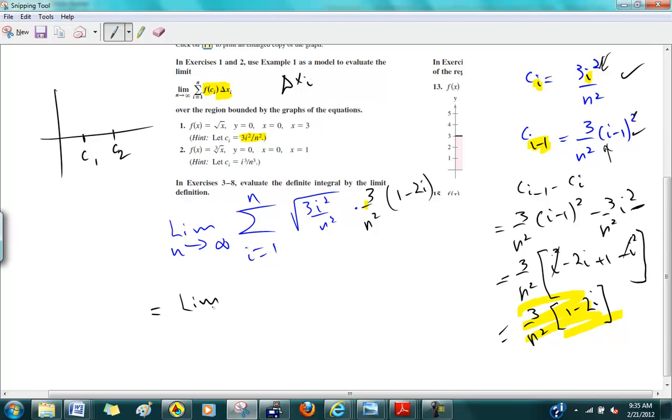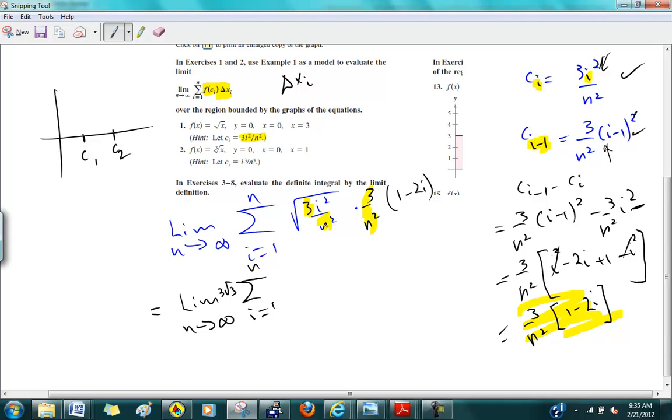So you go limit, n goes to infinity, sigma i equals 1 to n. Now I'm going to take things that don't depend on i outside the sigma sign. Notice that this doesn't depend on i, and this doesn't depend on i either. From here, I'm going to get a square root of 3, so I'm going to get 3 root 3.